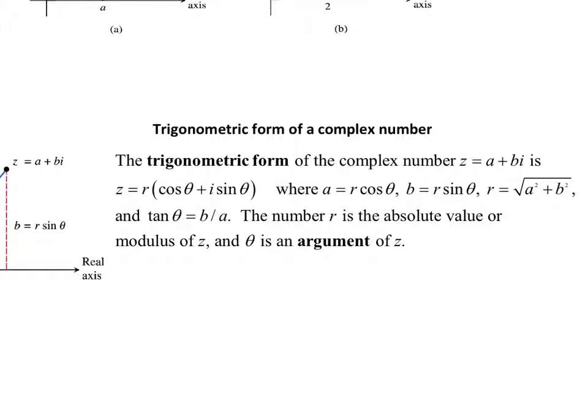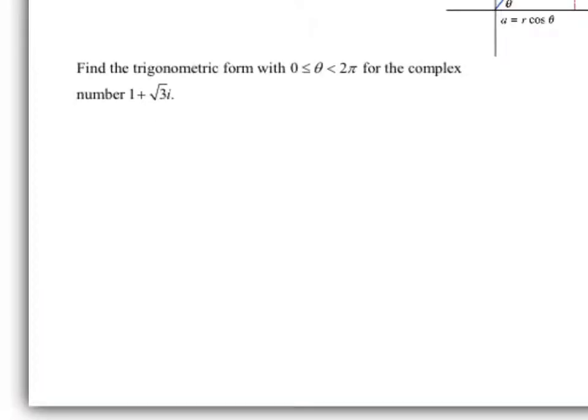Okay? So let's take a look at a problem now. It says find the trigonometric form, where 0 is less than or equal to theta less than 2 pi, for the complex number 1 plus square root of 3 i. Okay?